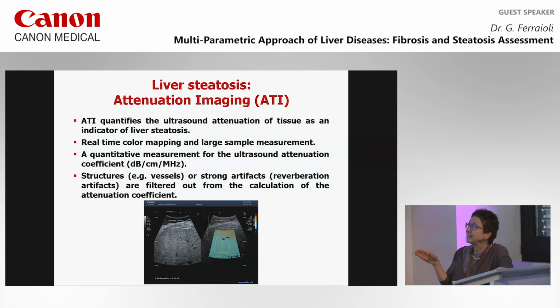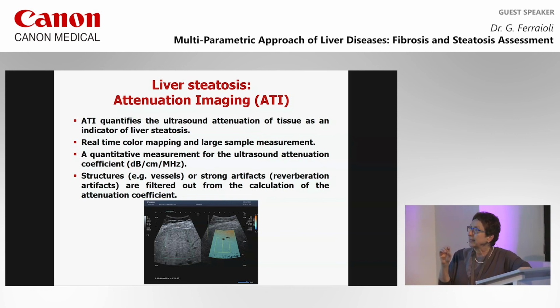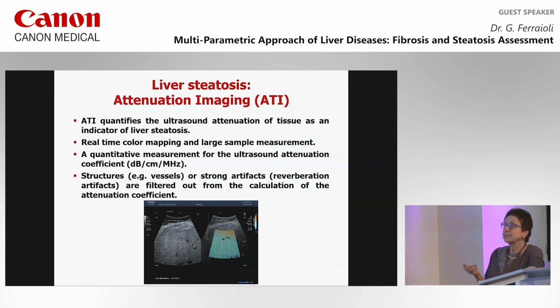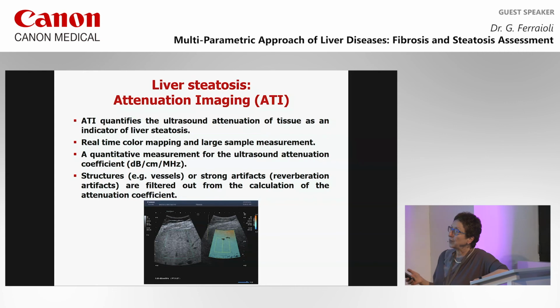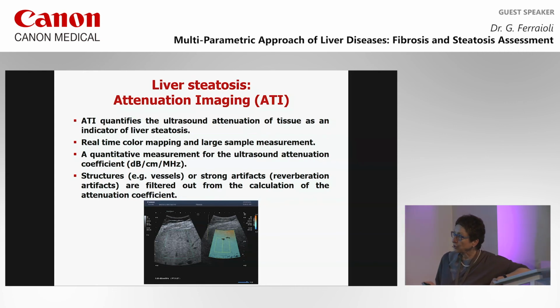And the system automatically filters structures like the vessels or strong artifacts. They are not included in the calculation of the attenuation coefficient. So if we have some vessels inside, the sample box is not a problem.